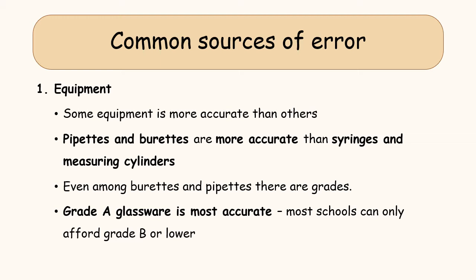So if you are ever asked, remember, if you're measuring out a volume, you want to be using a burette or a pipette if possible. And even if it says that a burette or a pipette is being used, you could always say, make sure that your glassware is grade A, as that is the most accurate.